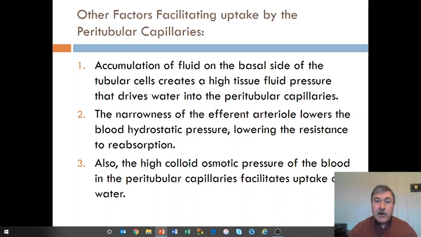Also, the efferent arteriole has a diameter that's relatively narrow, which lowers the blood hydrostatic pressure, lowering the resistance to reabsorption, and also because of the high colloid osmotic pressure of the blood in the peritubular capillaries, which facilitates the uptake of water. Colloid osmotic pressure is the osmotic pressure that's caused by suspended particles in the blood, like the blood cells and platelets, as well as large proteins.